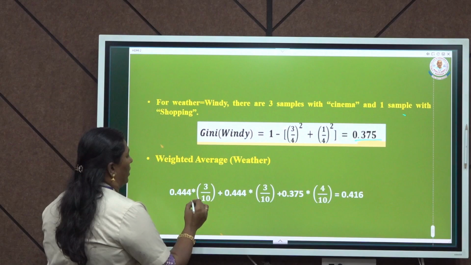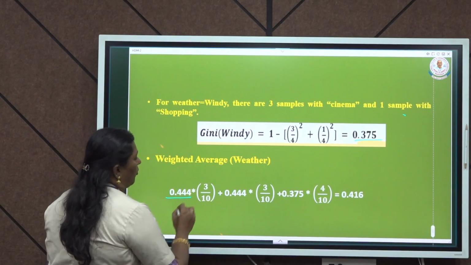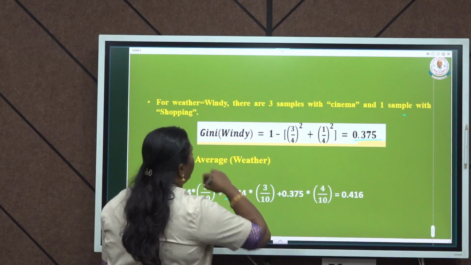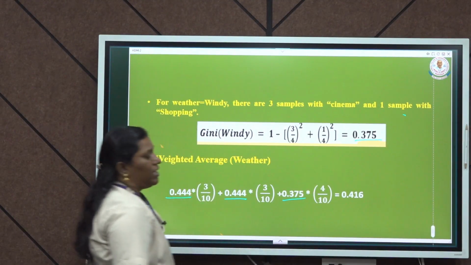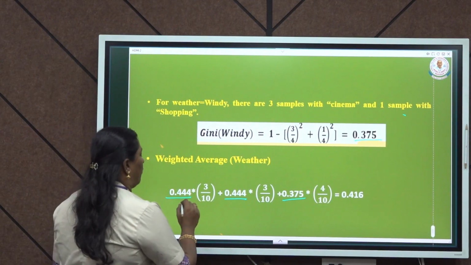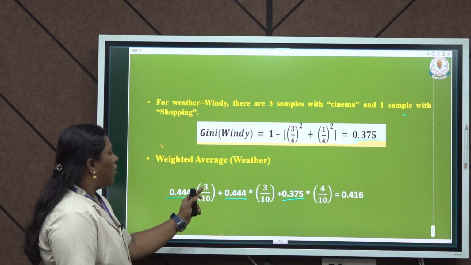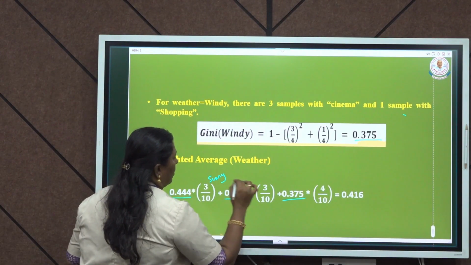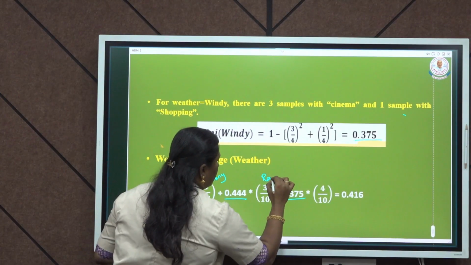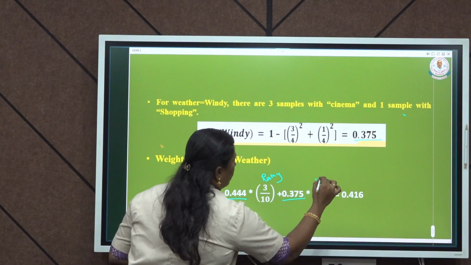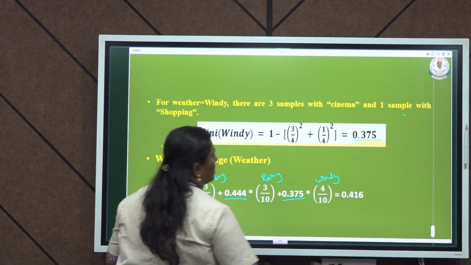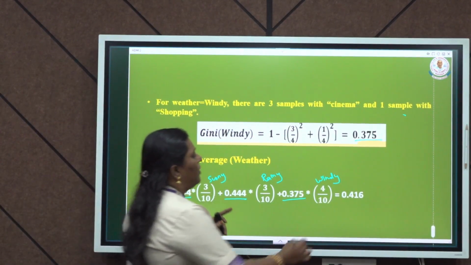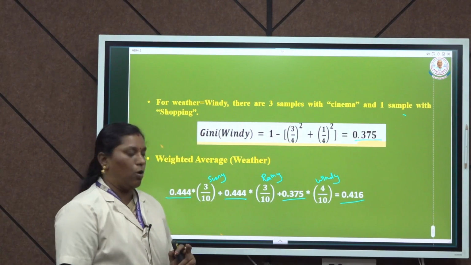The Gini index for sunny is 0.4, rainy is 0.4 and windy is 0.375, and out of 10 instances, 3 are sunny, 3 are rainy, and 4 instances are windy. While solving this, we will be getting 0.416 as output.